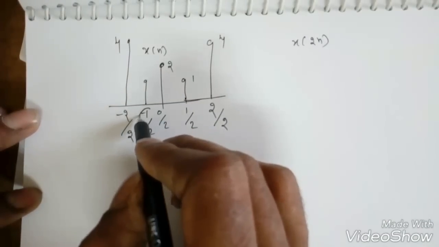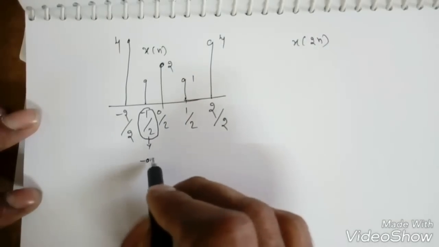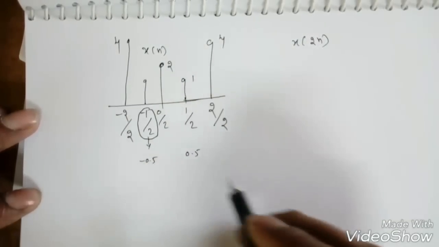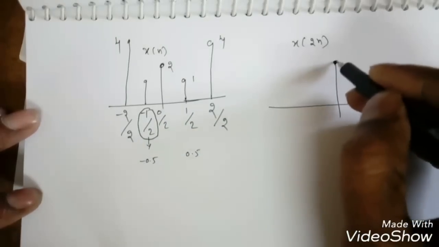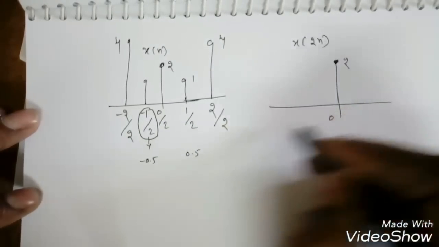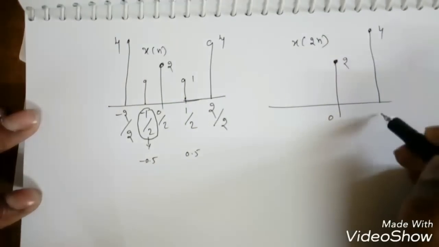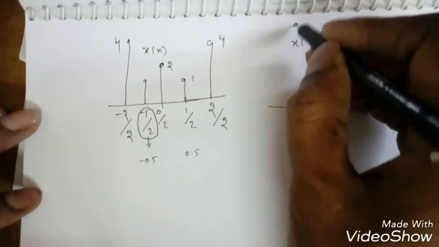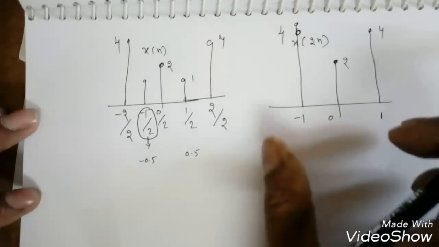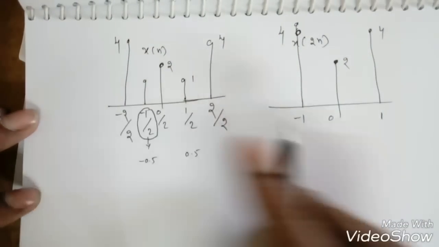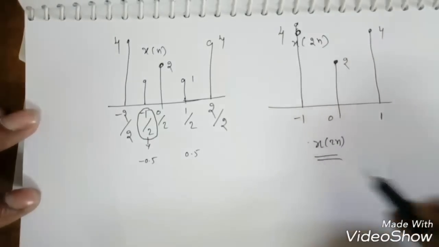Now the moment we get a decimal point, like minus 0.5 or 0.5, it will be neglected; only integers are taken. So at 0 we get 2, and at 2 by 2, that is 1, we get 4. Similarly at minus 1 we get 4. Now see, this is a compressed version compared to the original. So when a is greater than 1, x of 2n gets compressed.